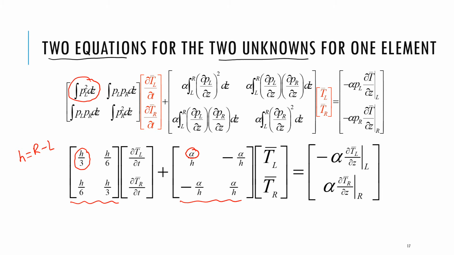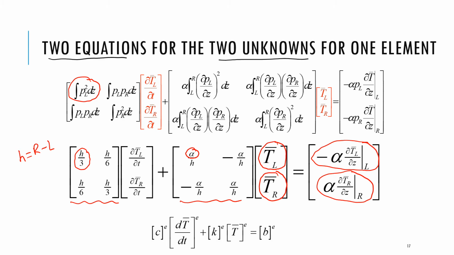We don't know these two, which we will come back to, but this other stuff is known. So these are my two equations for the two unknowns TL and TR. Two equations, two unknowns for one element. And so I can write it symbolically for that element, E for element.